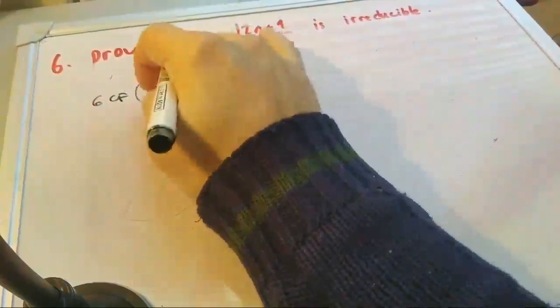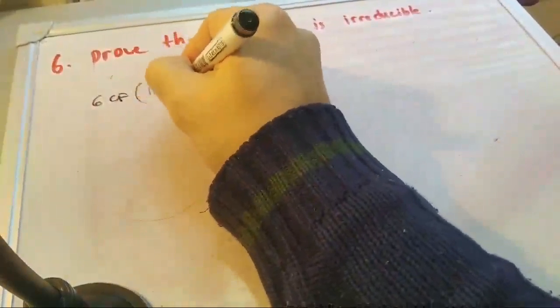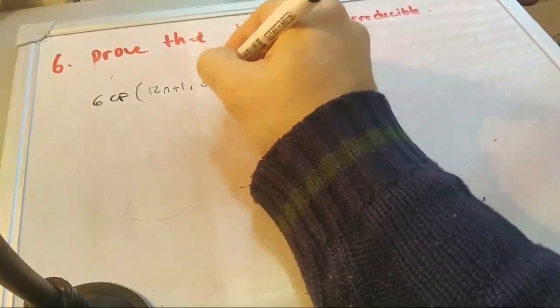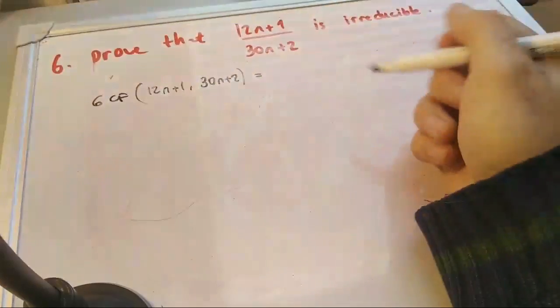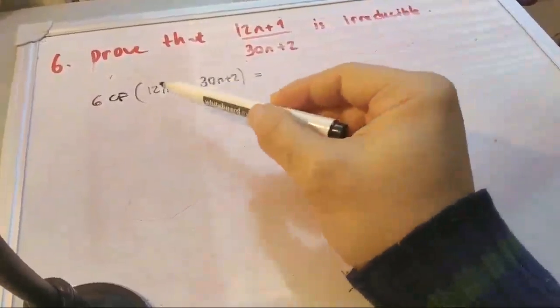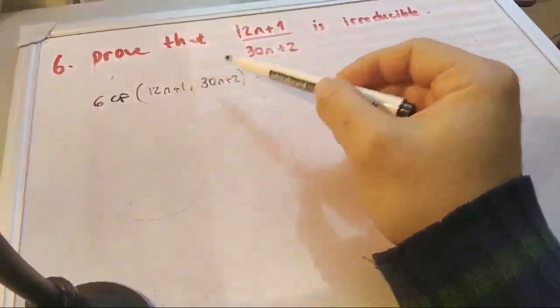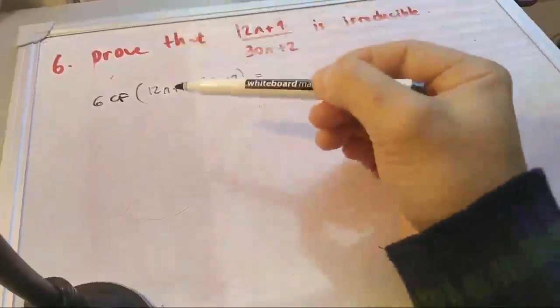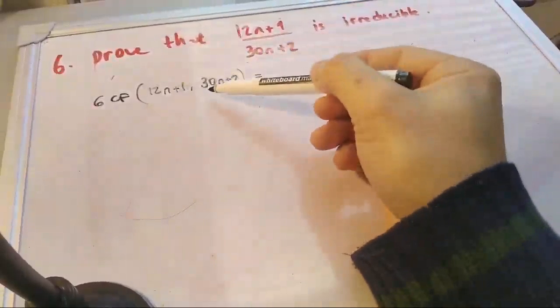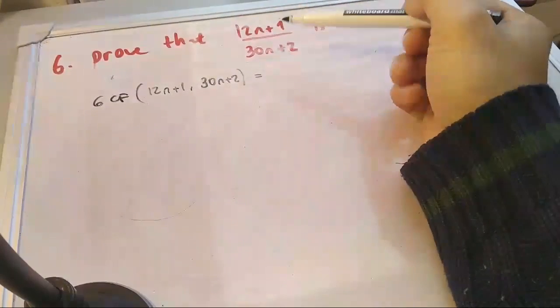the greatest common factor of 12n plus 1 and 30n plus 2 must be 1, right? If the greatest common factor of 12n plus 1 and 30n plus 2 is 1, automatically they are relatively prime and we cannot simplify it.